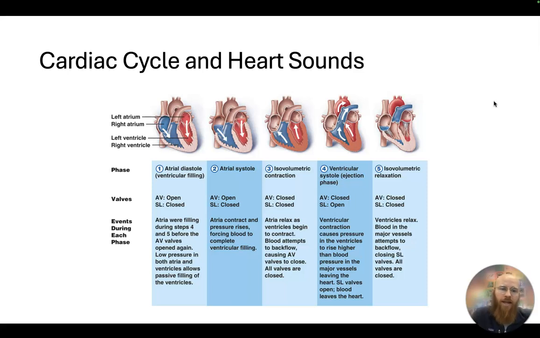And we can break down the sequence of events in this cardiac cycle, which is again a fancy word for a single heartbeat. We can break these down into steps. And as we go through each of these phases, it's important to identify a couple of really good aspects of this.